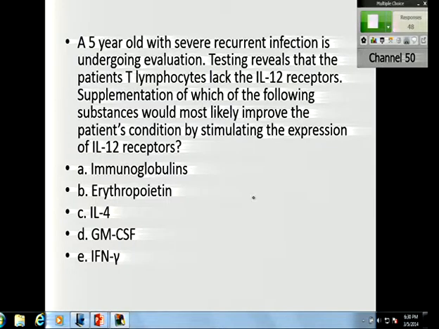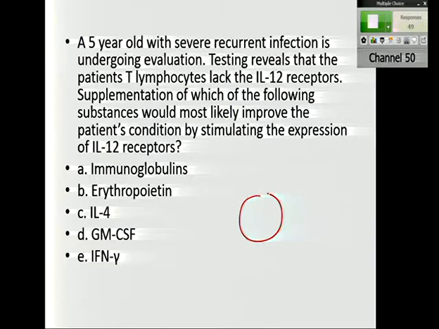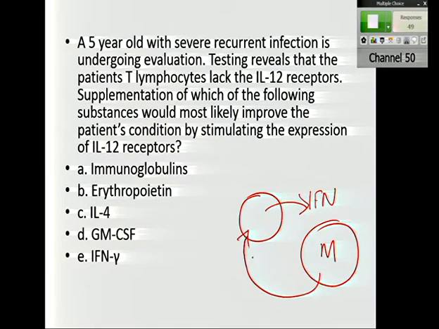So you have a cell secreting interferon gamma. This will act on macrophage, which will secrete interleukin 12. Just know the connection. Both will stimulate each other: 12 and interferon gamma, interferon gamma and 12.